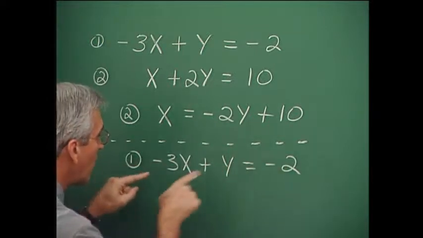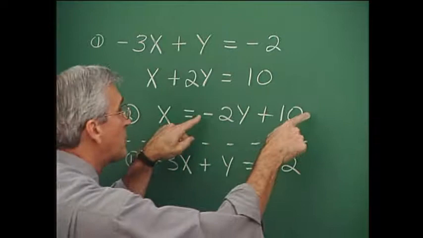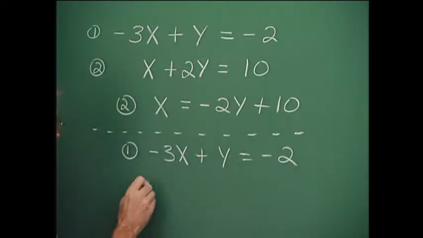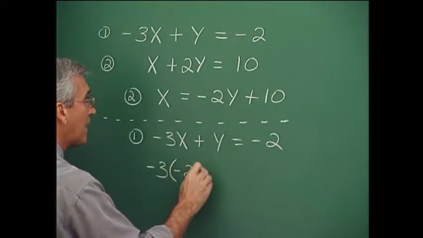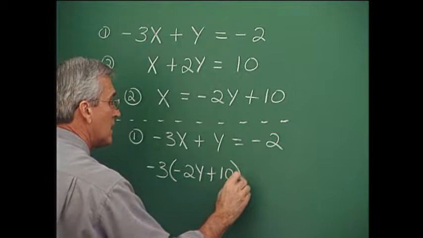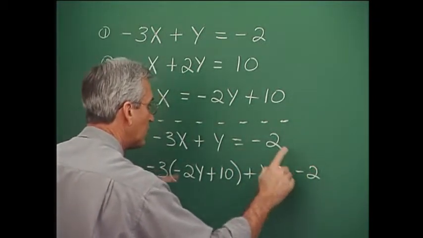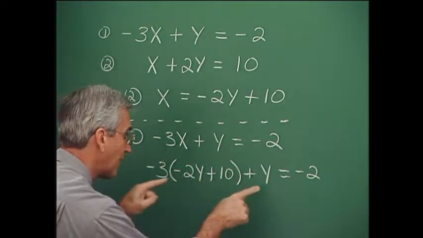You see, it's the other equation. We're going to take this x and replace it with that expression. So we're substituting information from one equation into the other equation. So we have here negative 3 times, now negative 2y plus 10, then bring down plus y equals negative 2 from this equation. All right, now we go about the business of solving for y.